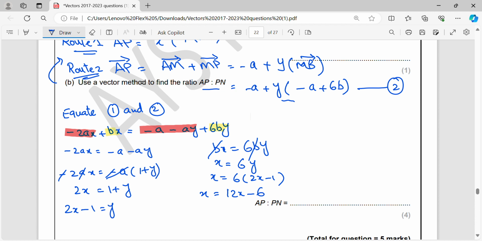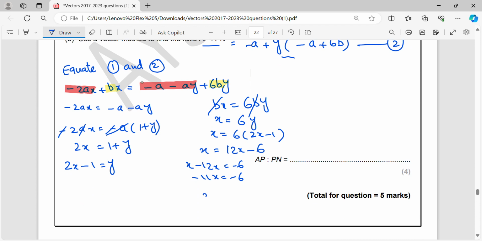Collecting like terms, X minus 12X equals negative 6, so negative 11X equals negative 6, and X is 6 over 11. Since X is the fraction of AP, the ratio AP to PN is 6:5, because the total is 11.